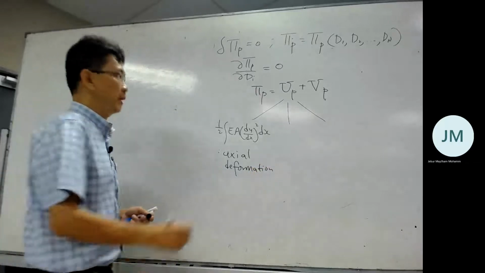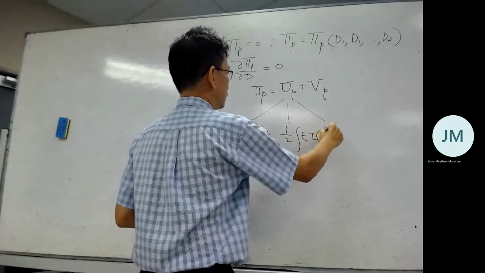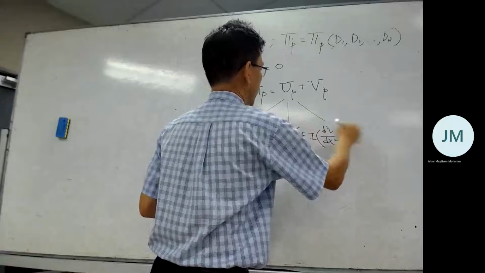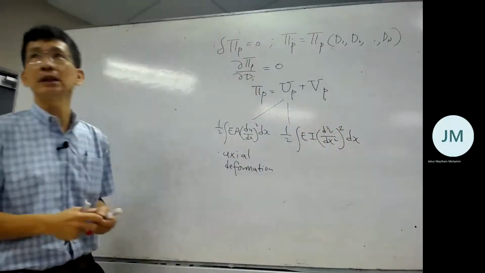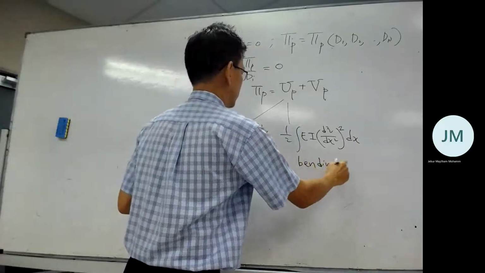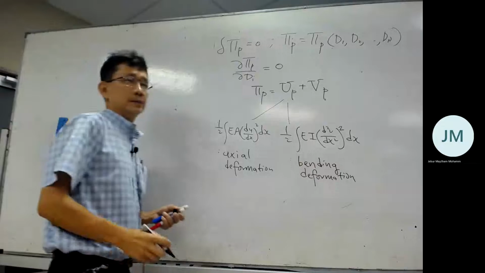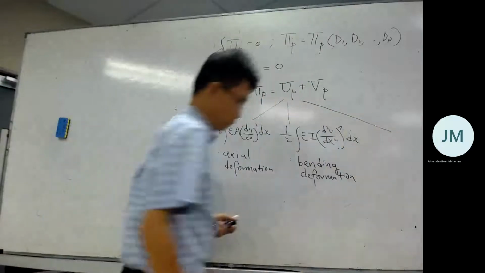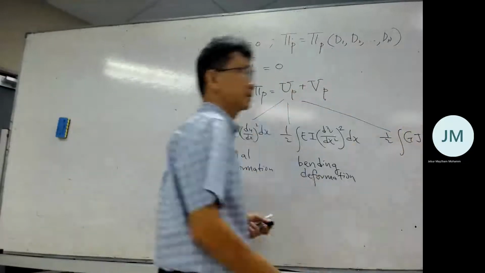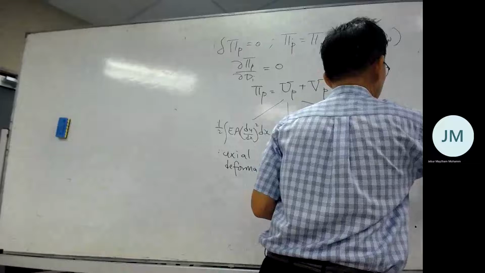Then for bending, we have half again EI (d2v/dx2) squared, always the square there, dx. So this is for bending deformations. Then if we involve twisting, then again half GJ (d theta x/dx) squared dx.